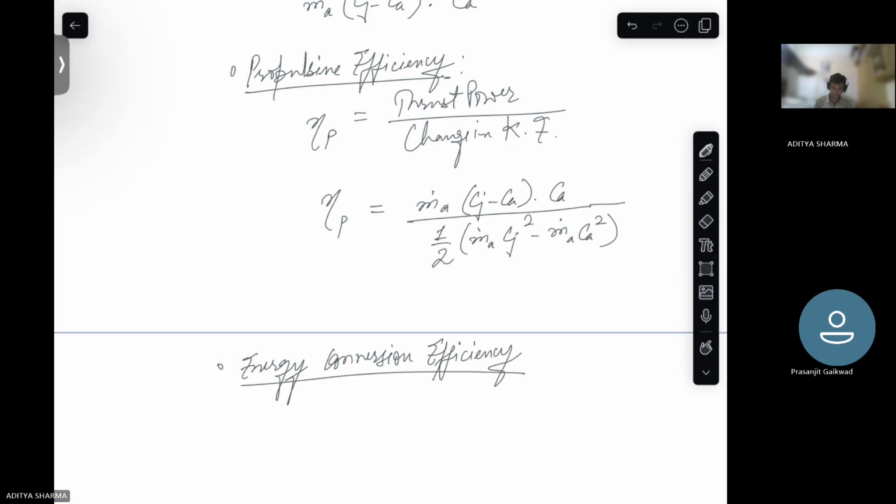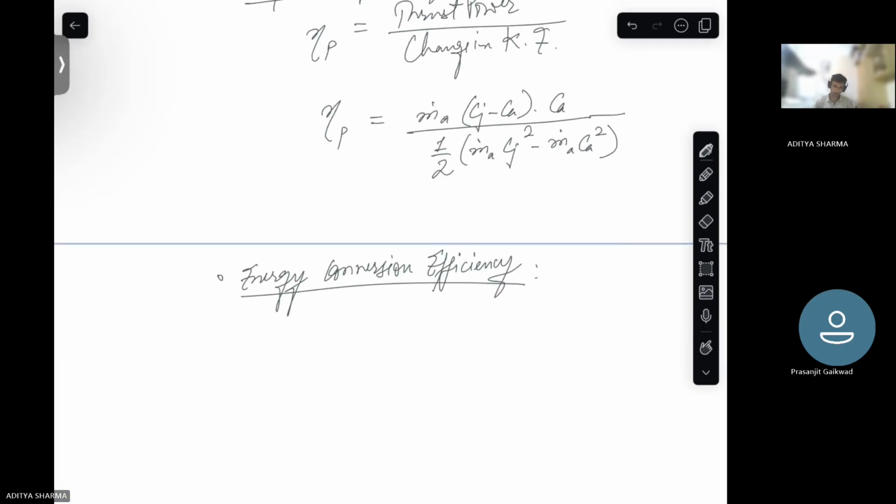Now, what is this? Now, some part of your energy that you are giving from your combustion is converted into your change in kinetic energy of working fluid. Okay, so the heat released from your fuel, right? Not all the heat released from fuel goes into conversion into increase in the kinetic energy of the working fluid.